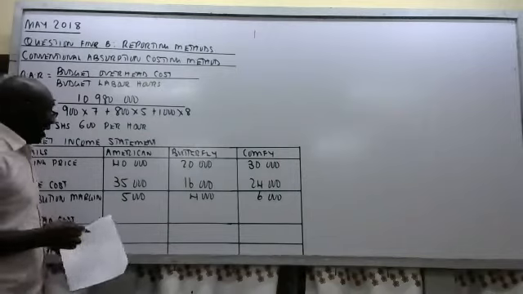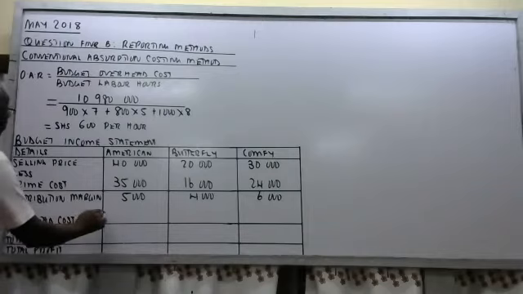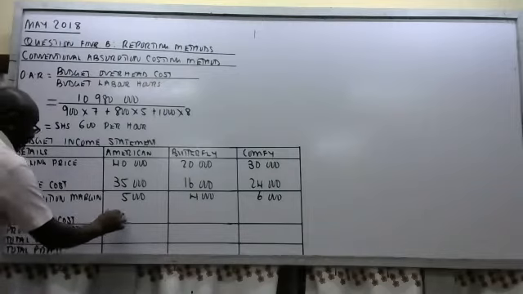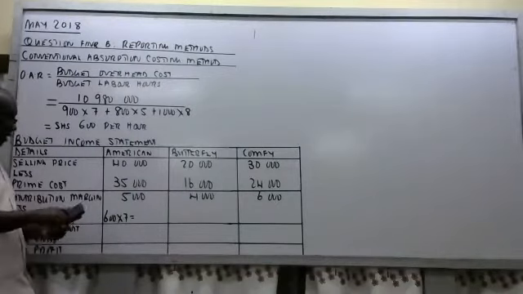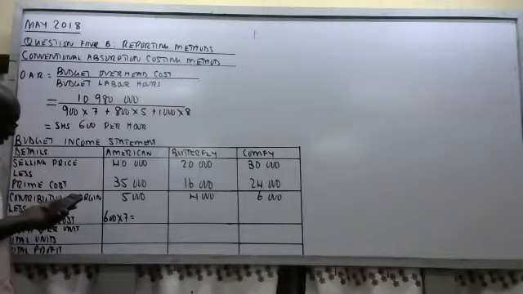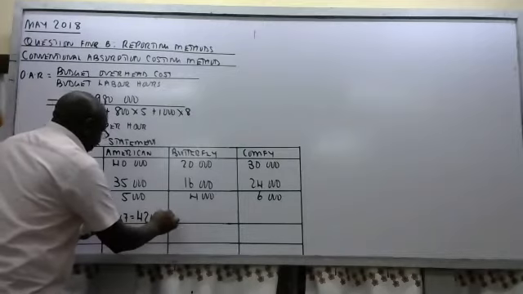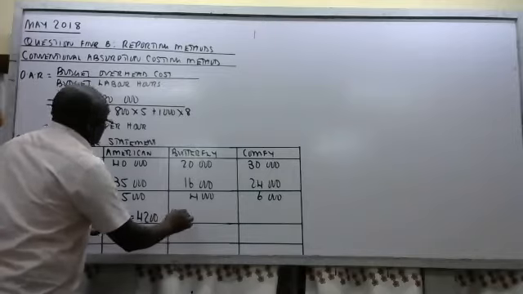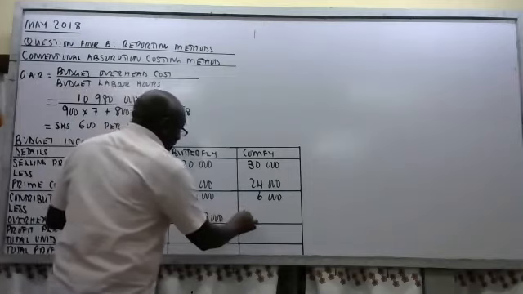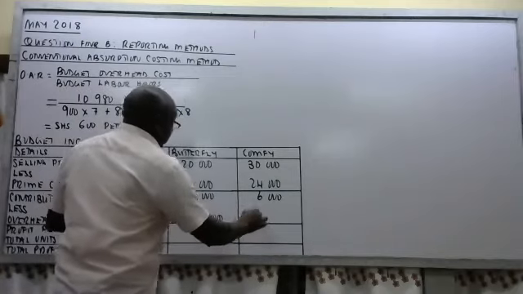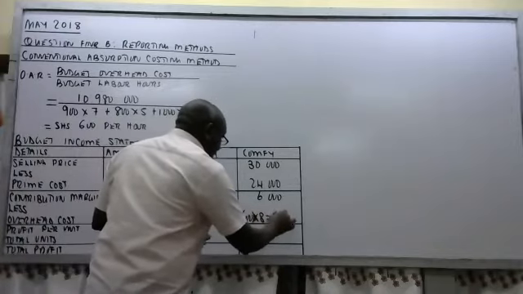So the overhead per unit, for this one, will be 600 times 7, which is 4,200. This other one is 600 times 5, that is 3,000. And then 600 times 8, that is 4,800.